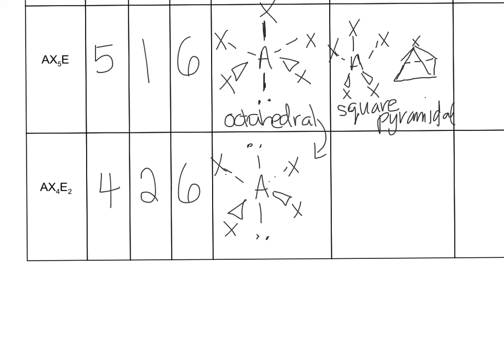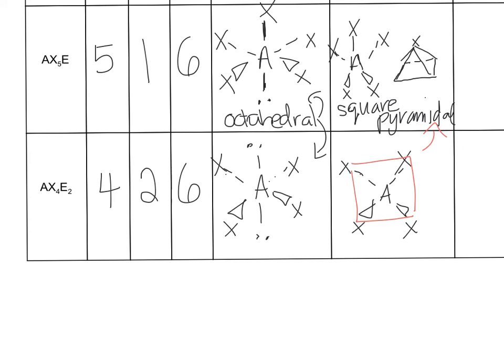Again, the electron pair geometry is octahedral, but our molecular geometry is basically going to be just the base of our previous pyramid here.